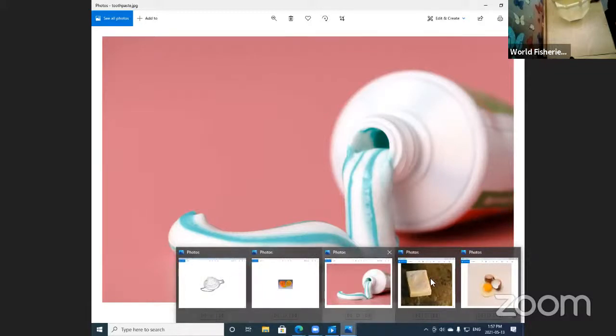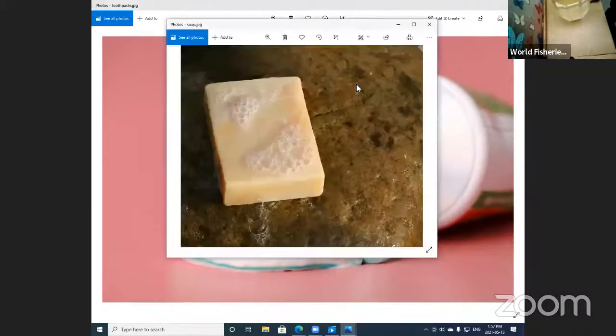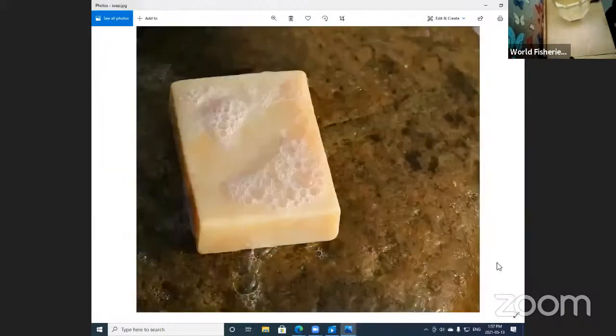So next one, let's do this guy. So what do we think? Do we think soap is acidic or basic? So this might be a little tricky one because we're not tasting soap. Hopefully not. We're just using it on our hands and stuff.